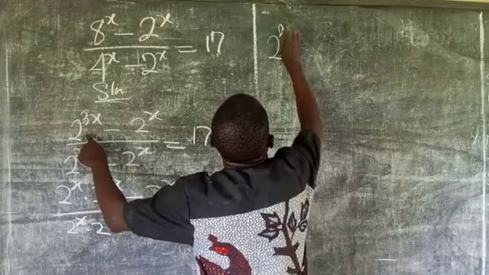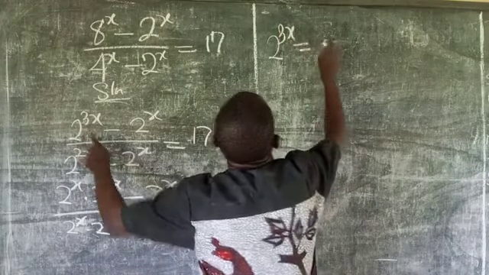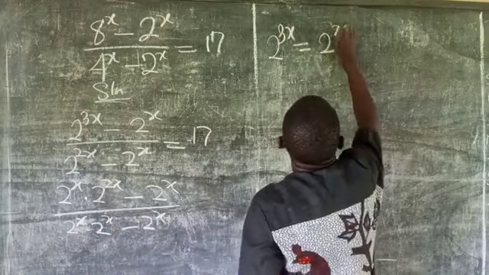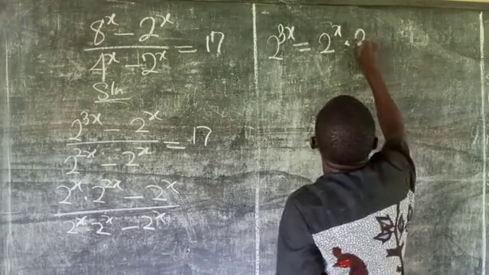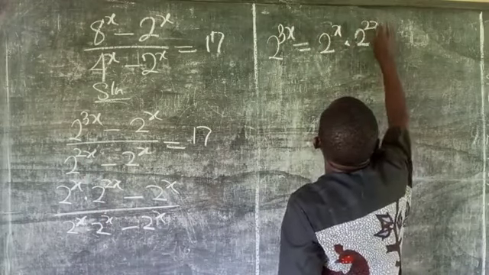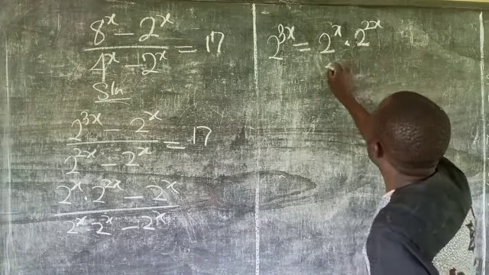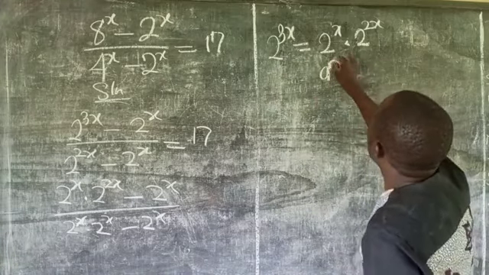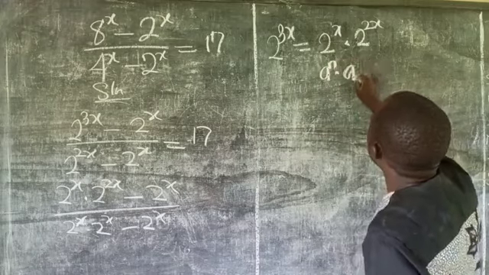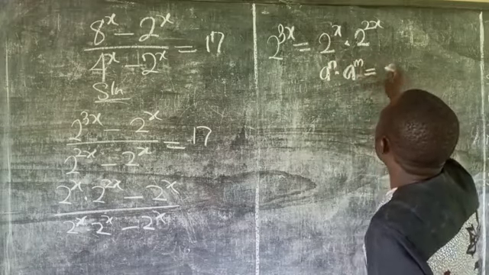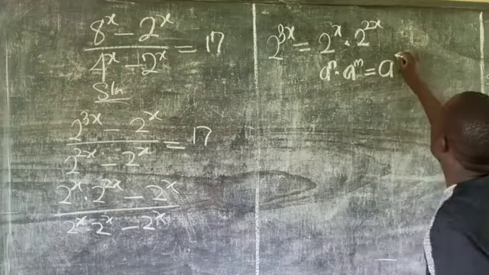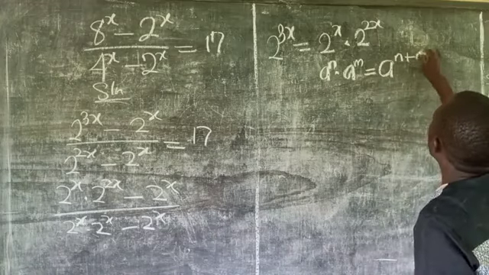2^(3x) is the same thing as 2^x times 2^(2x). How do they become 3x? When you have a raised to power n multiplied by a raised to power m, we are supposed to have a raised to power n plus m.